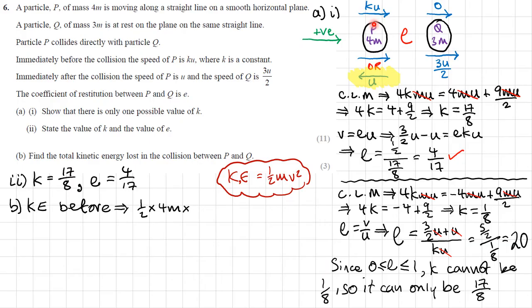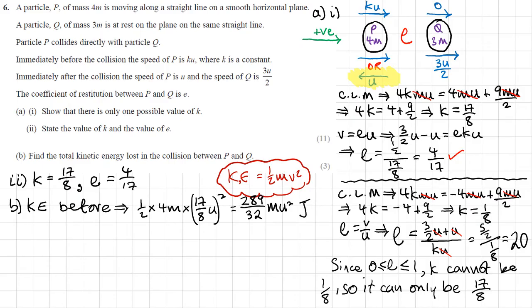Now we have k, so we know it's ku, where k is 17 over 8. So we'll have 17 over 8 u all squared. If we multiply that out, we'll get 289 over 32 mu squared joules.